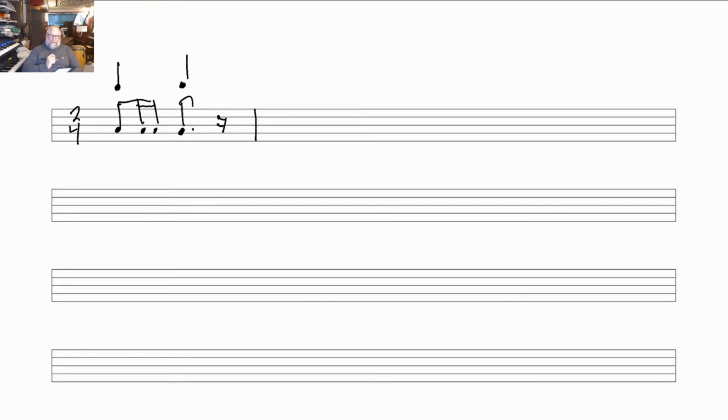Okay, number 2. Ooh, a nice compound. And again, these are in the self-test in the text. Number 2 is 9/16. So while I'm writing this out, you are thinking to yourself, what is the beat note in 9/16 time?